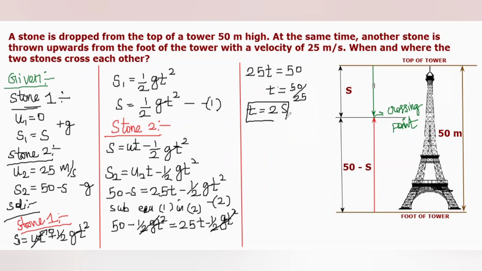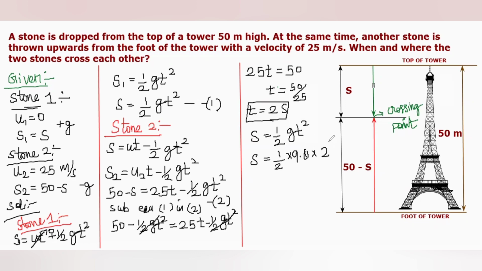So when the two stones cross each other, that is at 2 seconds. Then we have to calculate where. Here we have 1/2 gt², so S equals 1/2 gt² from the first equation. S equals 1/2 into 9.81 into 2².